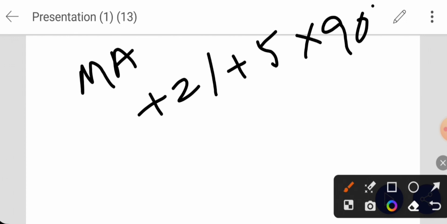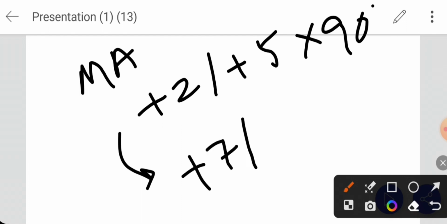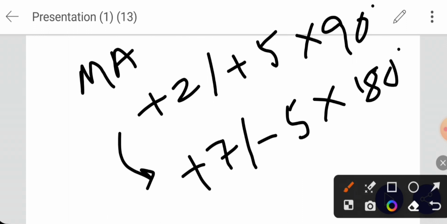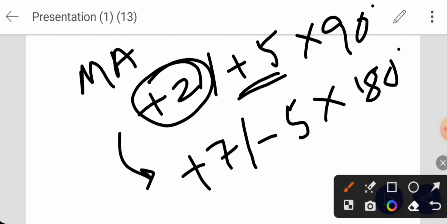If I do transposition of that, then it will be +7 -5 at 180 degree. So you can see both plus and minus signs are there. It indicates that light rays are getting focus in front and back also. Please remember this very nicely: if the cylindrical value is more than the spherical value, it will always be a mixed astigmatism.